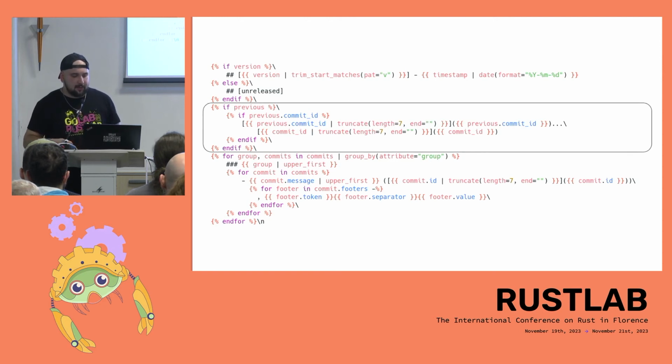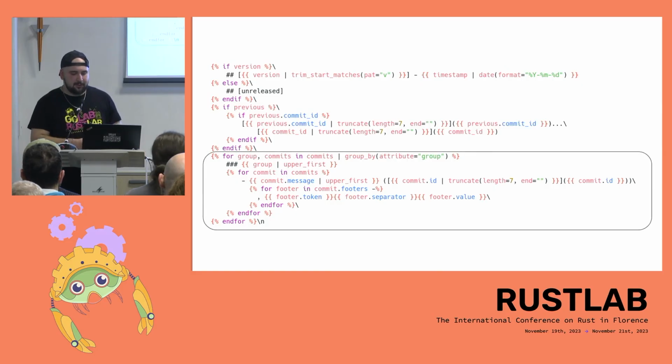Next, if there is a previous version, it also adds a section to the Markdown file, which is the previous version, three dots, and the current commit ID. So it's adding a link to the changelog where you can click and go to the difference between the old version and the new version.